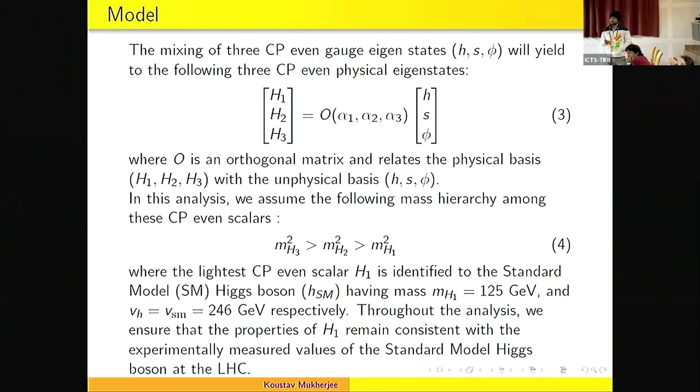For simplicity, this is just a choice we have made and kept throughout our analysis, the mass of H3 is greater than H2, which is greater than H1, and we identify H1 as the standard model Higgs having mass 125 GeV and a vev of 246 GeV, and it is consistent with all the experimentally measured values of the SM Higgs at the LHC.